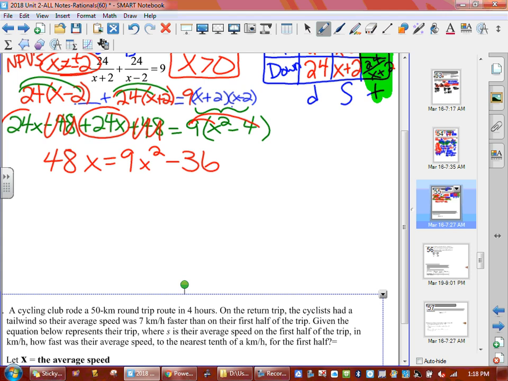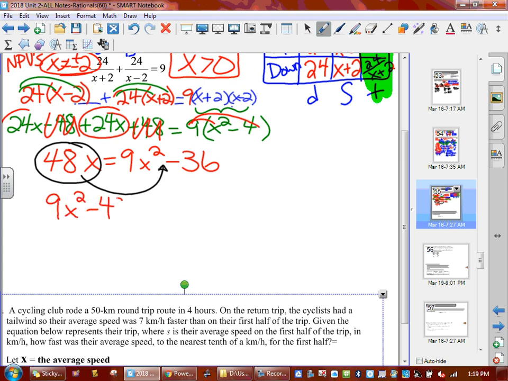Now I need to move the 48x to the right. We always want to go to where x squared is positive. It's positive on the right, so we're moving this in between them because we want the x in between. It's a positive 48 on the left, so it'll become a negative 48. So we're going to have 9x squared minus 48x minus 36 equals 0.